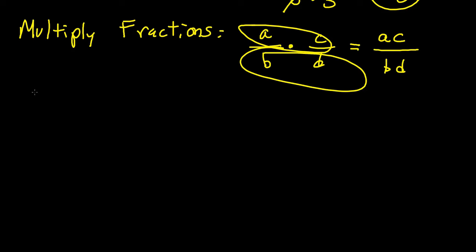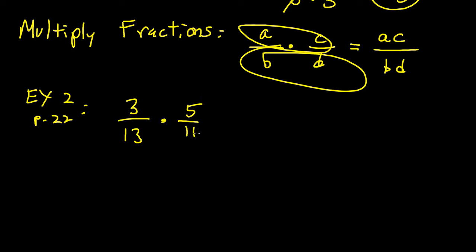Let's look at example 2. In our text, this is on page 22. And this is, let's see, 3/13 times 5/11, multiply and simplify. Notice there is no, hang on a minute.